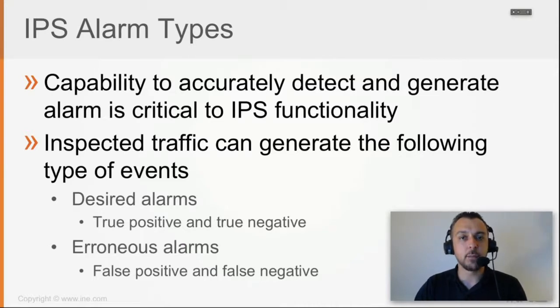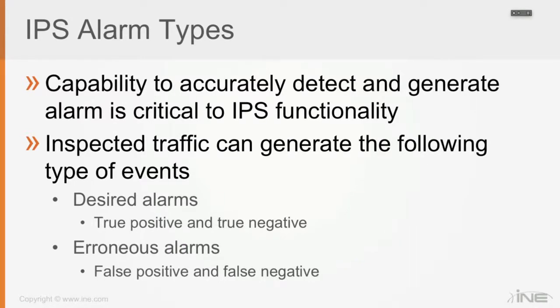We're going to define what those four types of alarms mean and when they happen, and then I'm going to explain an easy way to understand them rather than memorize them, because as long as you understand what each type of alarm is, the name of the alarm tells you exactly what it does. So again, we want the true positive and true negative, and we don't want the false positive and false negative.